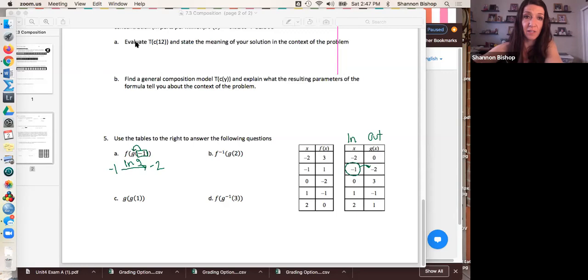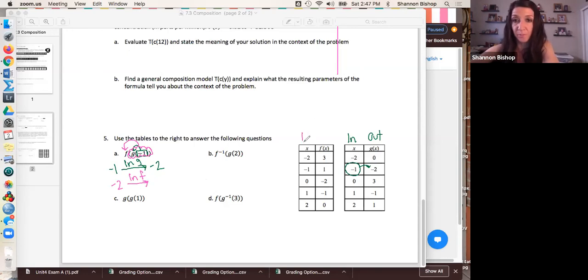But now you have to take that -2, that answer gets plugged in to the function named f. So -2 now has to get plugged in to the function named f. So which table has a function named f?